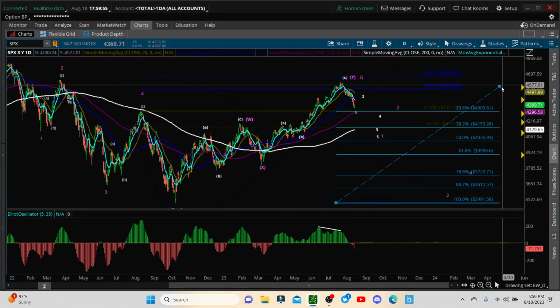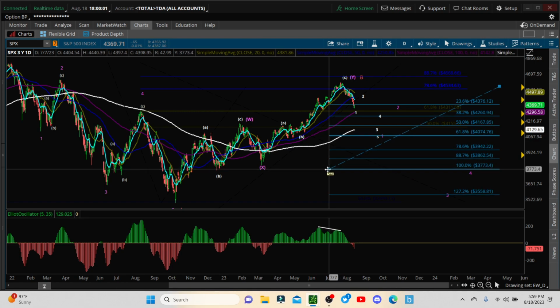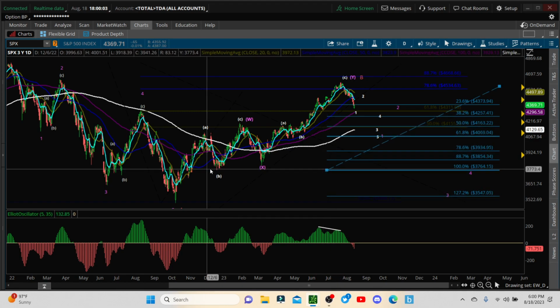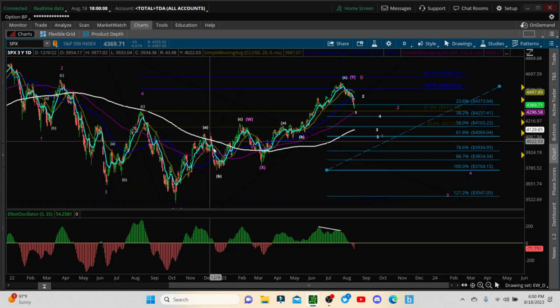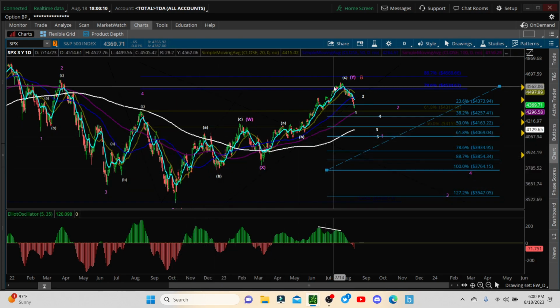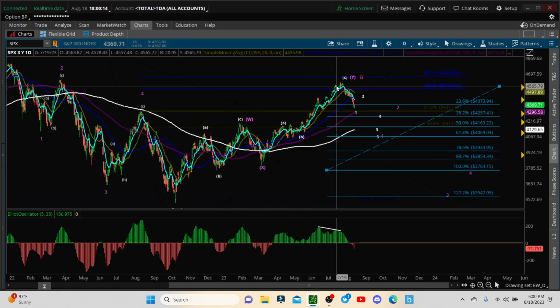Okay, so if we have the retracement, I'm going to move this retracement to the bottom of this possible wave 1 into wave 2 into wave 3.